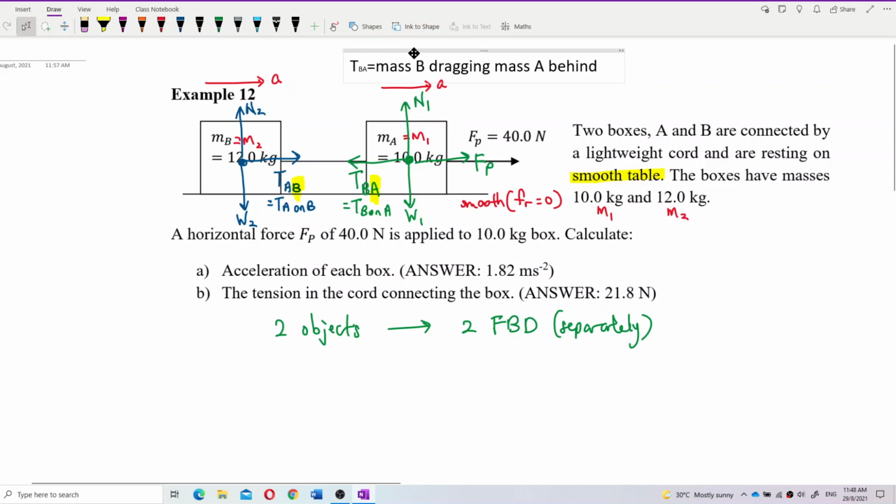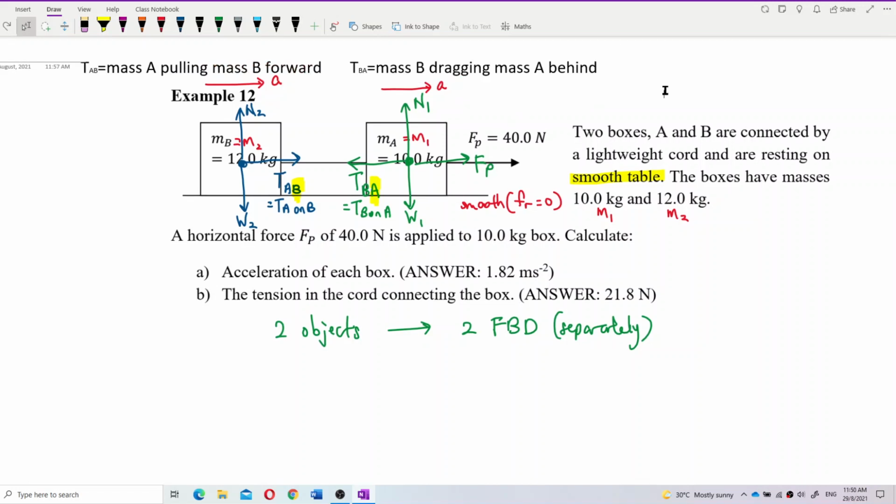So what is TAB? Let me write down for you. Again, TBA is the mass B dragging mass A behind. So that's why this TBA is going behind. This TBA is experienced by mass A, being dragged behind. This TAB is the mass A pulling mass B forward, to the direction of the external force.